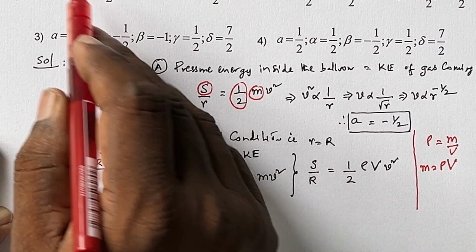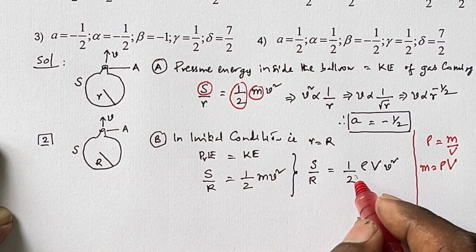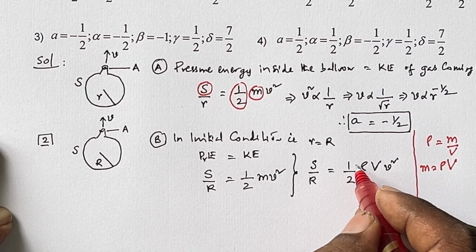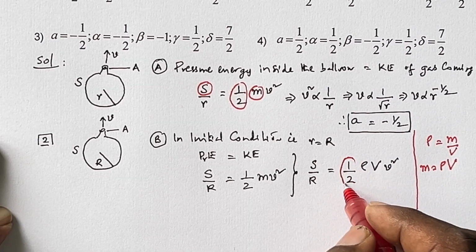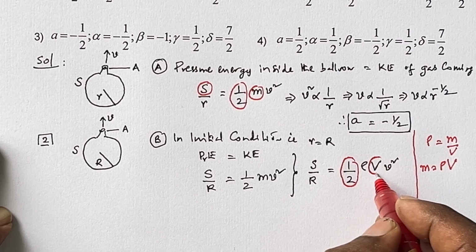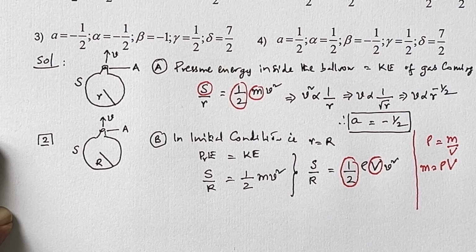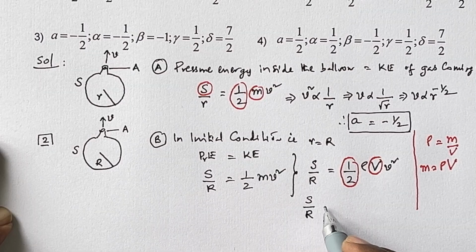So here in the problem they are representing proportionality. So constants we eliminate. Half is a constant. Now the balloon has its maximum value, so the volume, maximum volume, we have also taken as a constant. Then I got S by R proportional to rho V square.